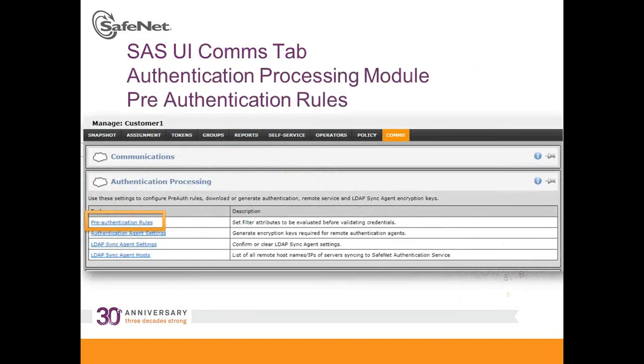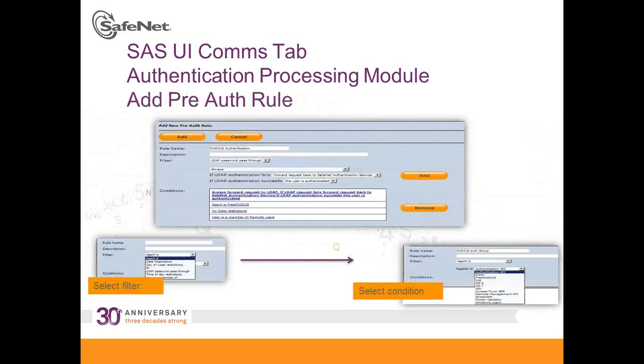So we continue on the SAS Comms tab. We have our pre-authentication rules. So the pre-authentication rules are important because these are the beginning of context-based, which is coming in future releases. I put an example here of the context, of the pre-auth rule.